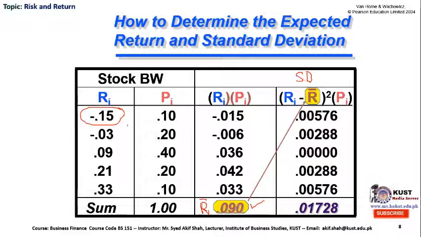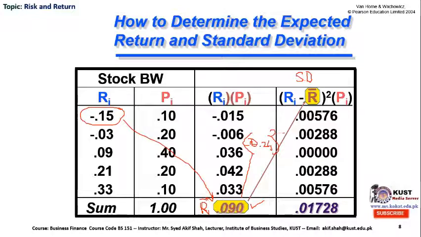So you can simply subtract: minus 0.15 and then minus 0.09. The resultant value will be minus 0.24. Now, in order to remove this minus sign, you need to square it.